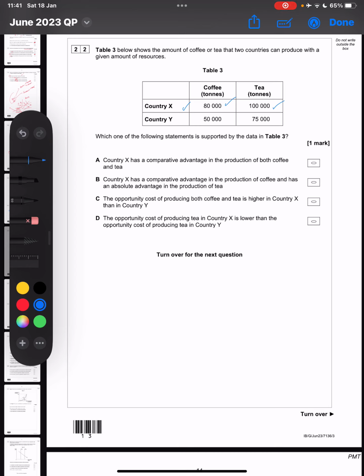Actually, let's work out the opportunity cost. In today my mental math is not as good. We're not calculating it, but hey, today it is not happening.